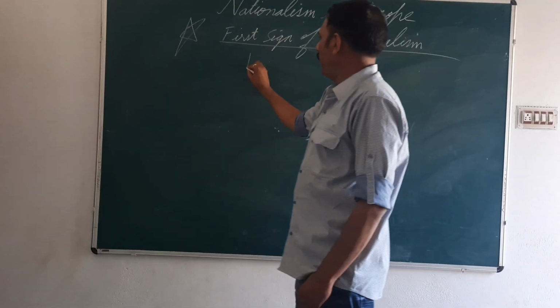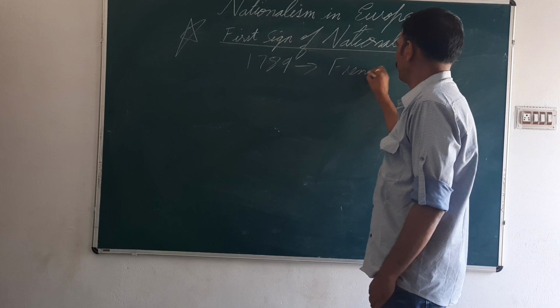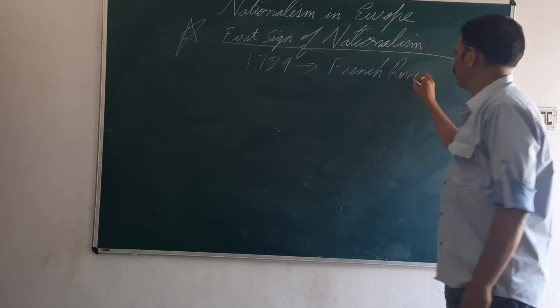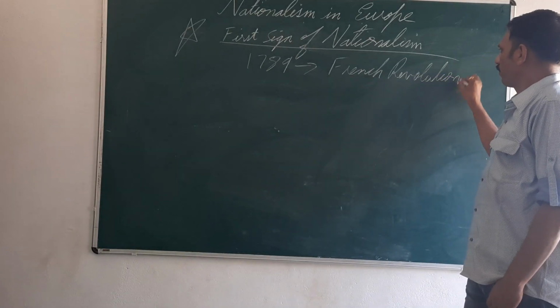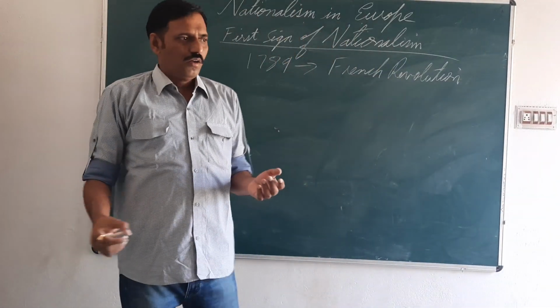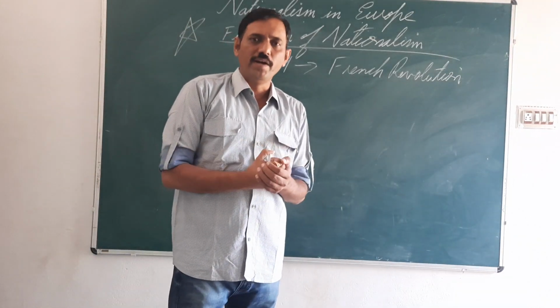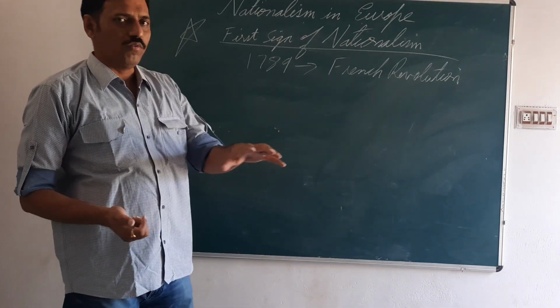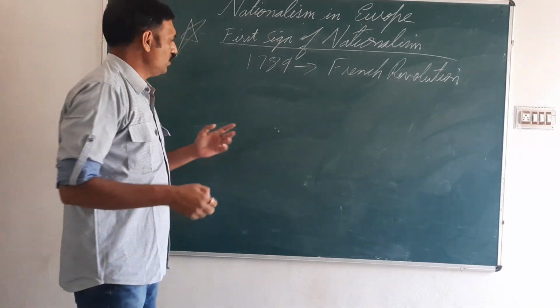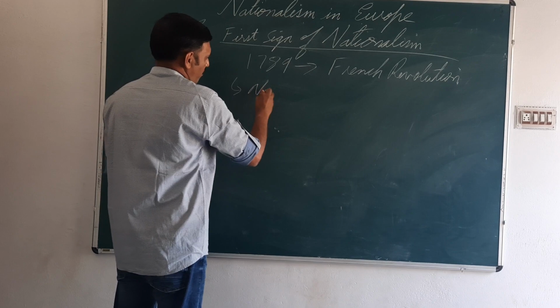It was seen in 1789, the French Revolution. In 9th class we have read about the French Revolution of 1789. In this, certain measures were adopted for common identity. People developed a common identity, and these were the measures.